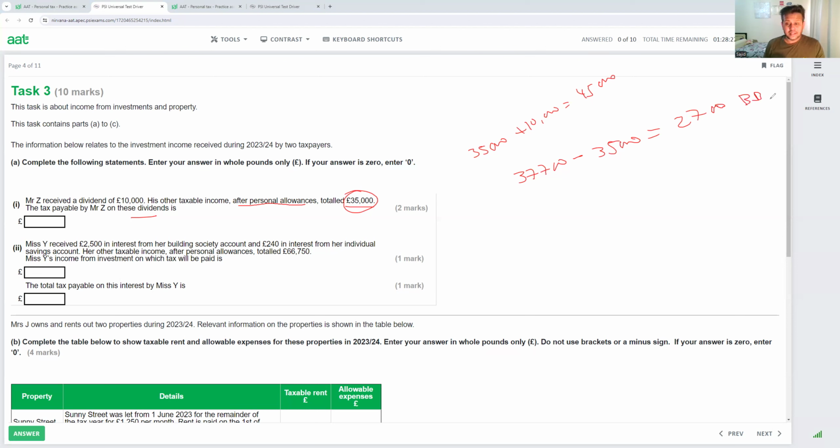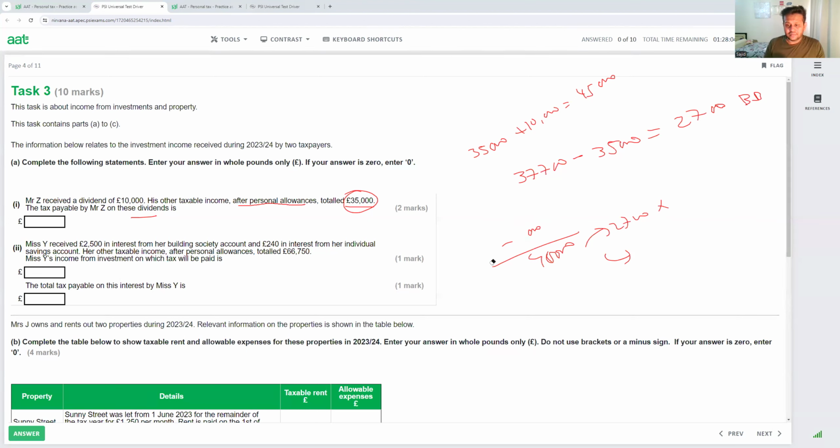They calculate it very easily. But the problem is that from the 10,000 they subtract 1,000, saying the first 1,000 is the dividend allowance, so they calculate tax on 9,000. On this 9,000, they treat 2,700 as basic rate and the remainder as higher rate. This is the mistake. Remember that. Don't do it, because if you do, you will lose the marks.